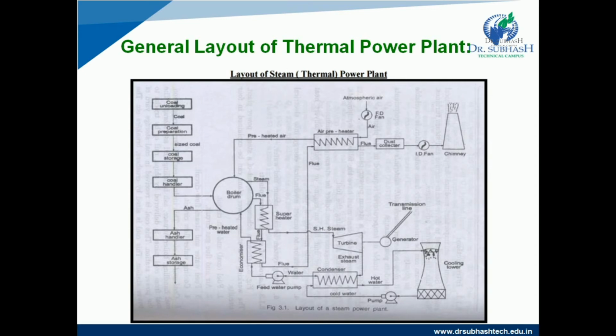Now I want to discuss the advantages and disadvantages of this thermal power plant with you. First of all, advantages.